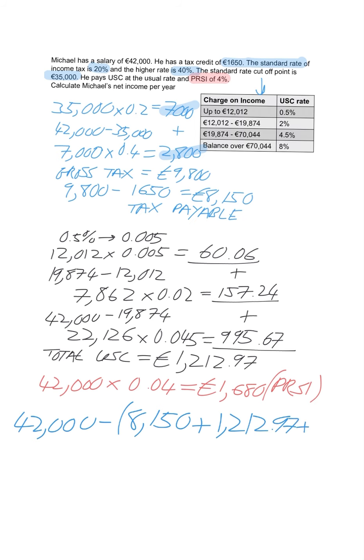And then the PRSI of 1,680. And so when we subtract those, we're then left with 30,957 euro and 3 cents. So Michael's net income for the year is 30,957 euro and 3 cents.